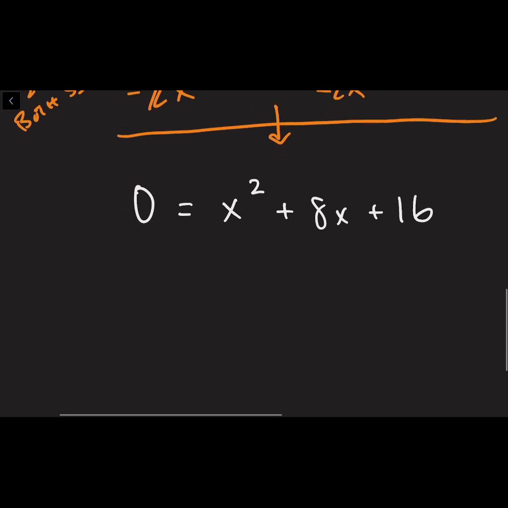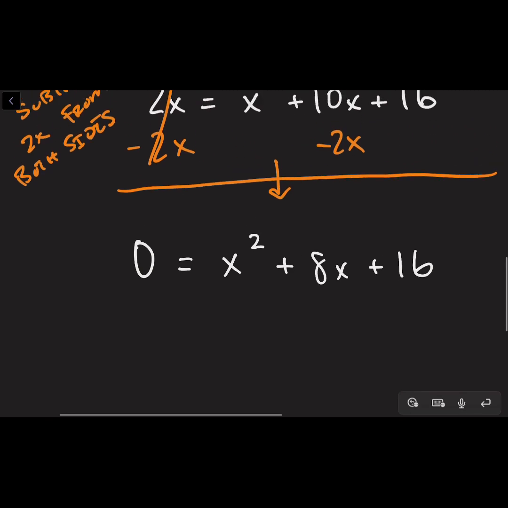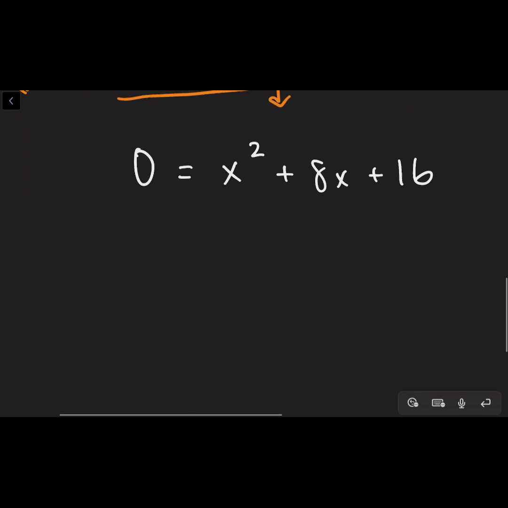Now that we have set this to 0, what we want to do is simplify the right side. That is going to be our fourth step of the day: simplify this equation.